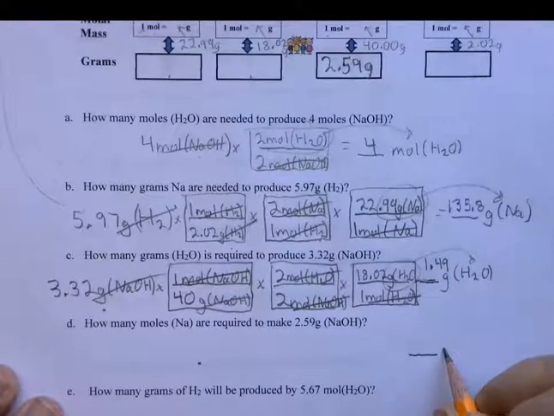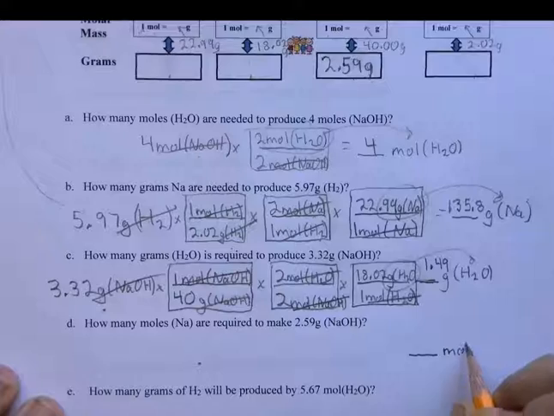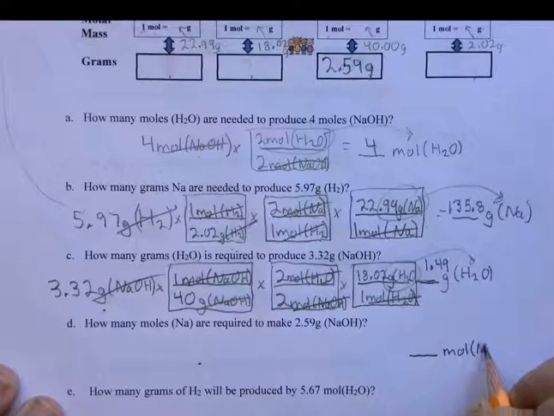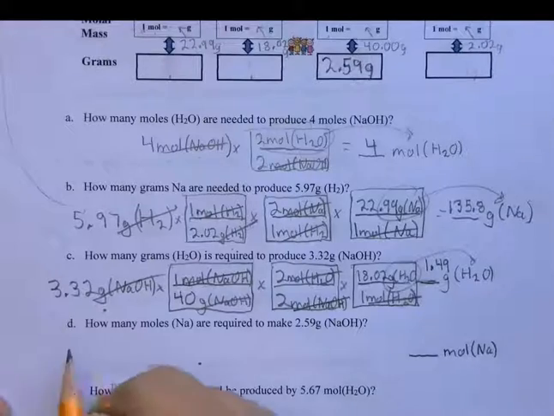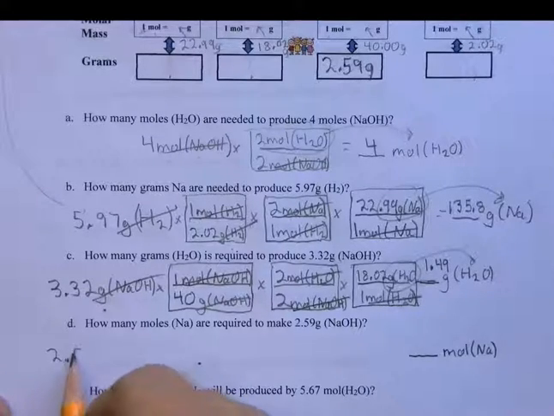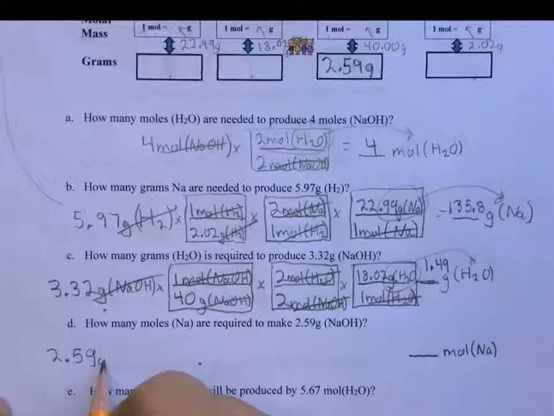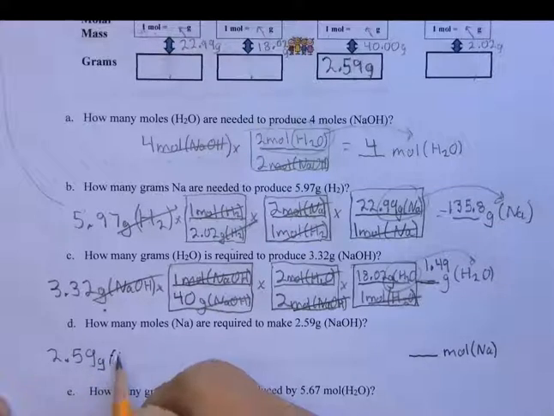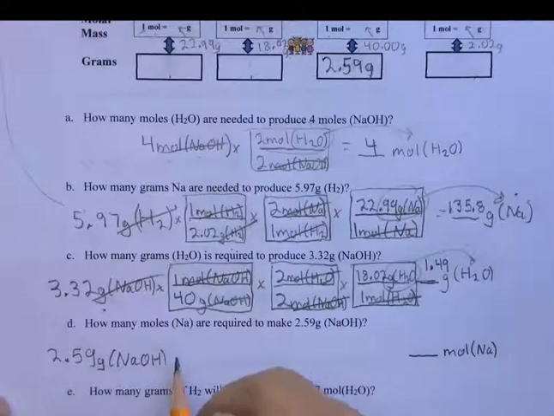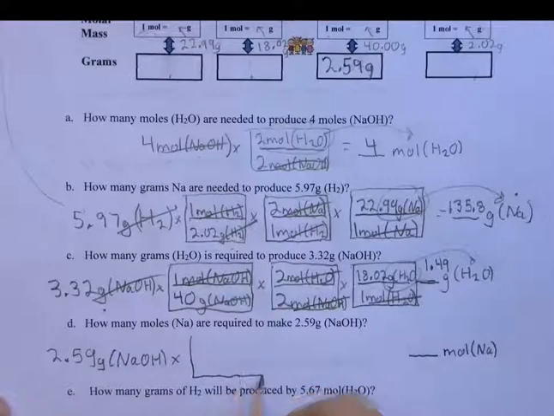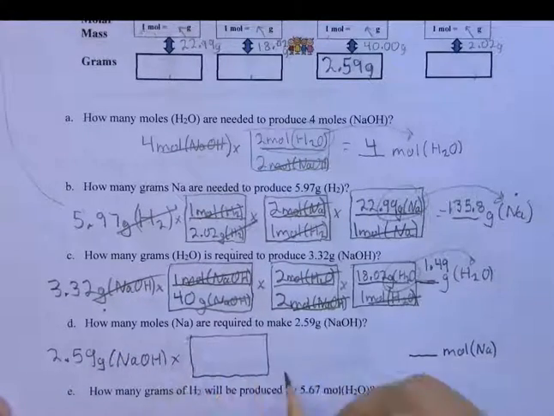All right, so let's start off way over here on the right. And that's going to be moles, and mole is spelled in chemical equations without the E, of sodium. And 2.59 grams of NaOH. And we're going to draw 2 boxes because we said we needed 2 conversions.